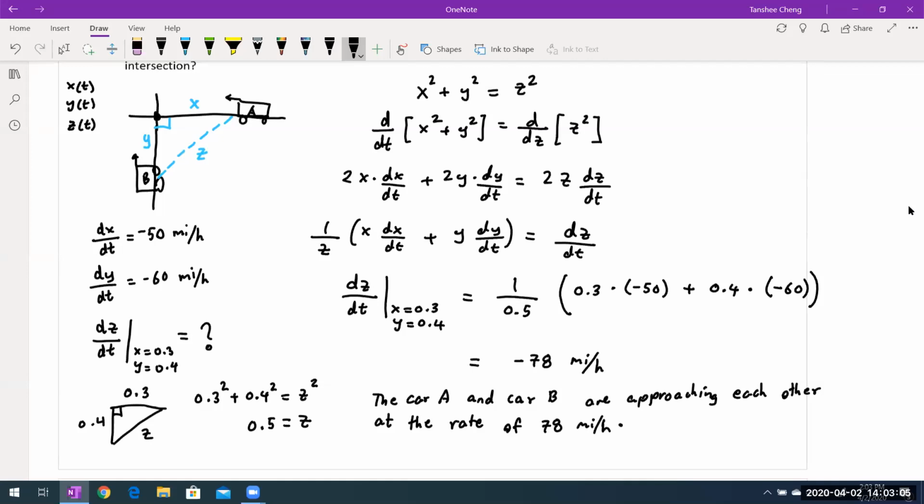So it is approaching toward each other, right? Approaching each other. That basically talks about the negative portion of it, right? Any questions before I move to the next example?